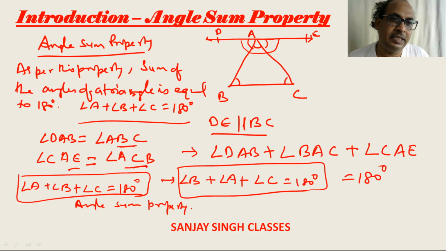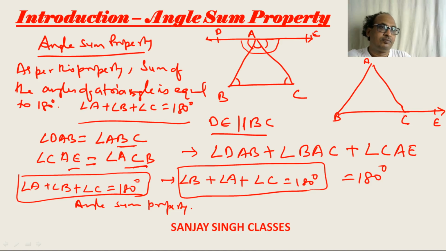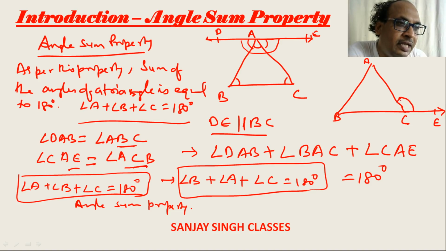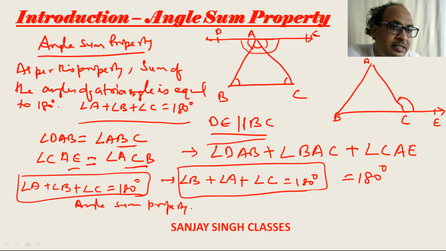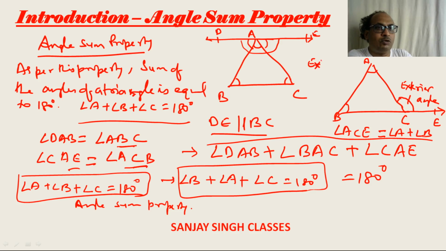Another property of a triangle is related to the exterior angle. In that case, suppose ABC is a triangle, and if the line BC is extended to a point E, forming the exterior angle ACE, then the property says that the exterior angle ACE is equal to the sum of the opposite interior angles, means angle A plus angle B. So this exterior angle property is also very much useful.